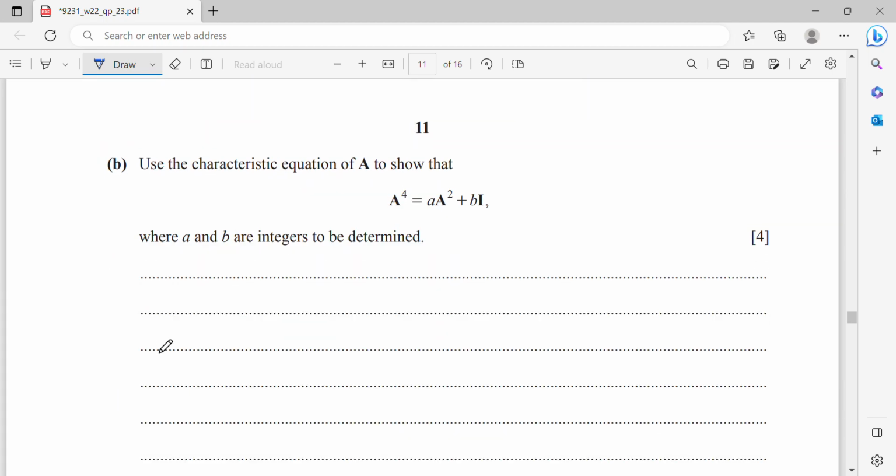Okay, now B, use the characteristic equation of A to show A degree 4 is aA squared plus bI, where I is the identity matrix and a and b are integers to be determined. Characteristic equation means the determinant of A minus lambda I equals 0. That is the characteristic equation.